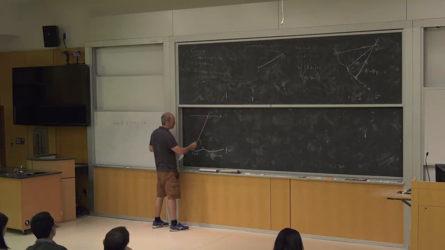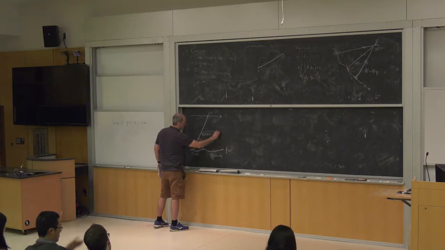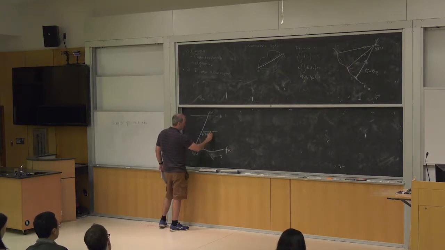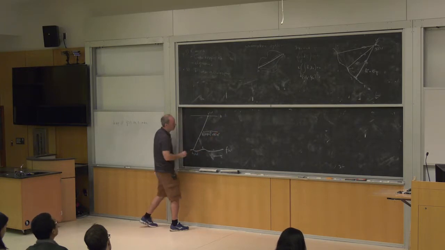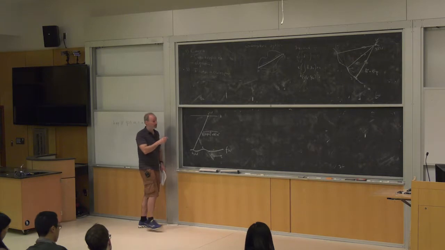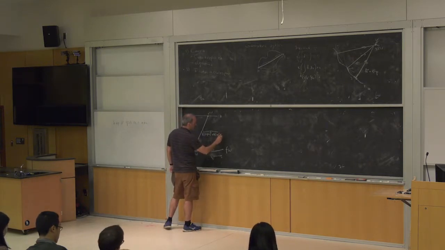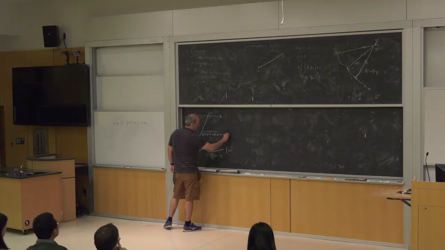So this distance obviously is what? It's the square root of z minus f of x, squared, plus x prime minus x, squared, right? And that's the distance. So this is going to be our phi of x.